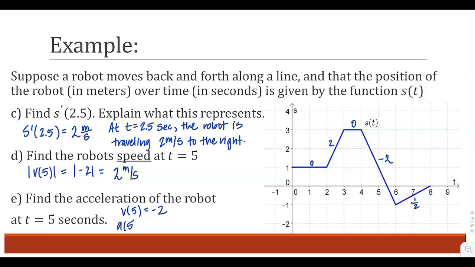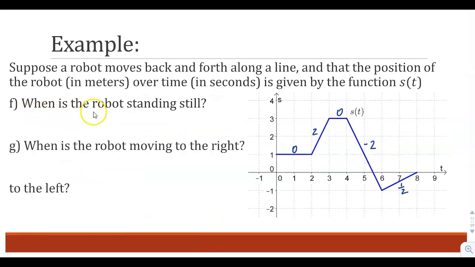So a of 5 is v prime of 5. Well, the derivative of a constant, -2 is a constant, is 0. So we have 0 with the units of meters per second squared. So acceleration has a distance over a time squared.